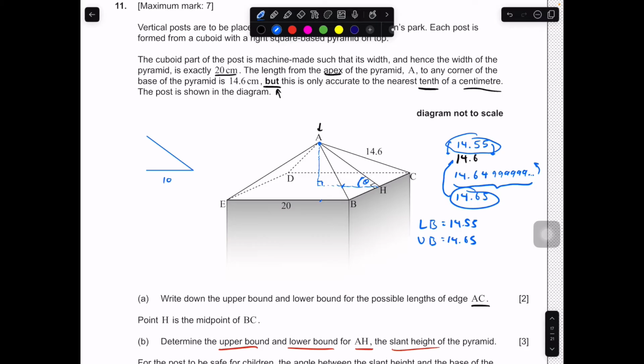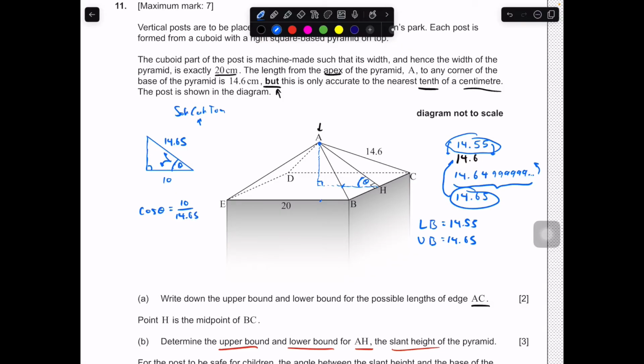Here's theta, here's our right angle. The upper bound was 14.65. We have the adjacent and the hypotenuse. So remembering SOH CAH TOA, cos theta is equal to adjacent over hypotenuse.